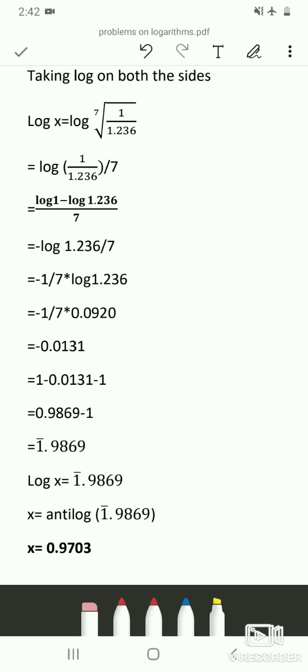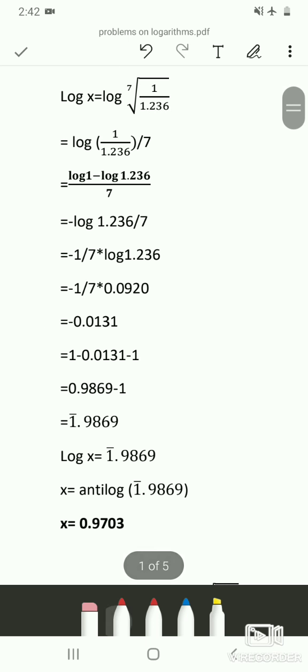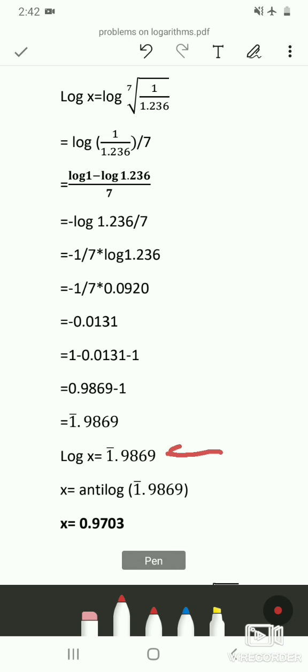We had seen such type of addition and subtraction in the previous classes, so go through those videos if you find some difficulties. So now we got log x is equal to bar 1.9869.